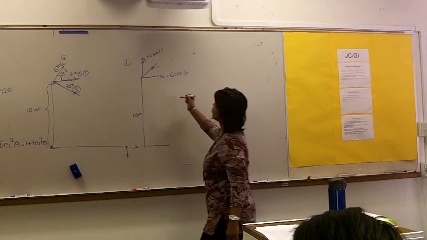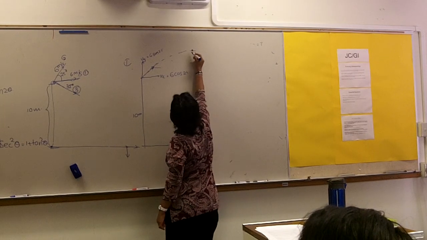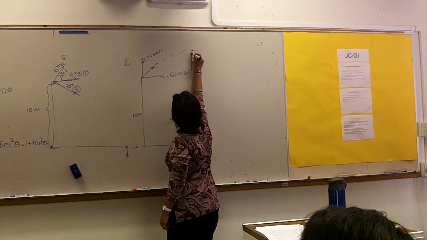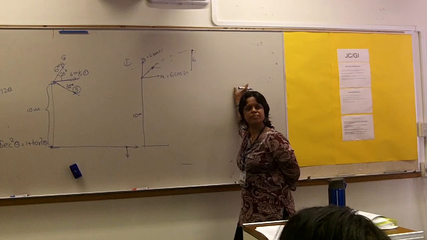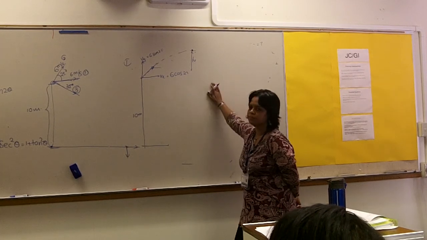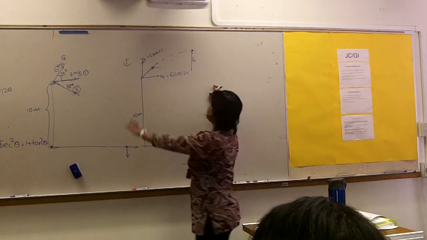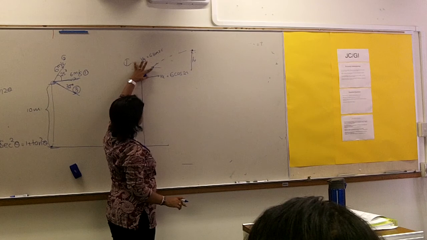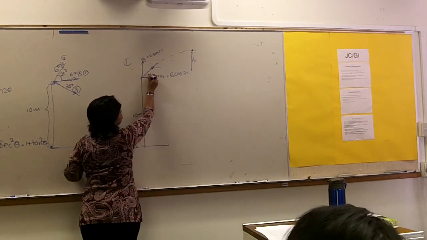First, you may want to find how far it goes up here. What is the distance from here to here? Find that first. In this direction, it's 6, right? The angle is 25 degrees, right?